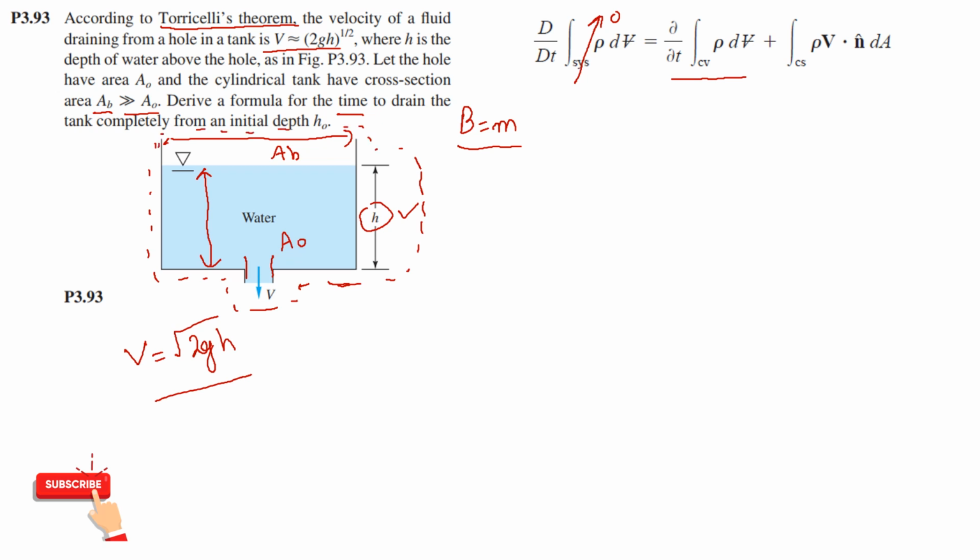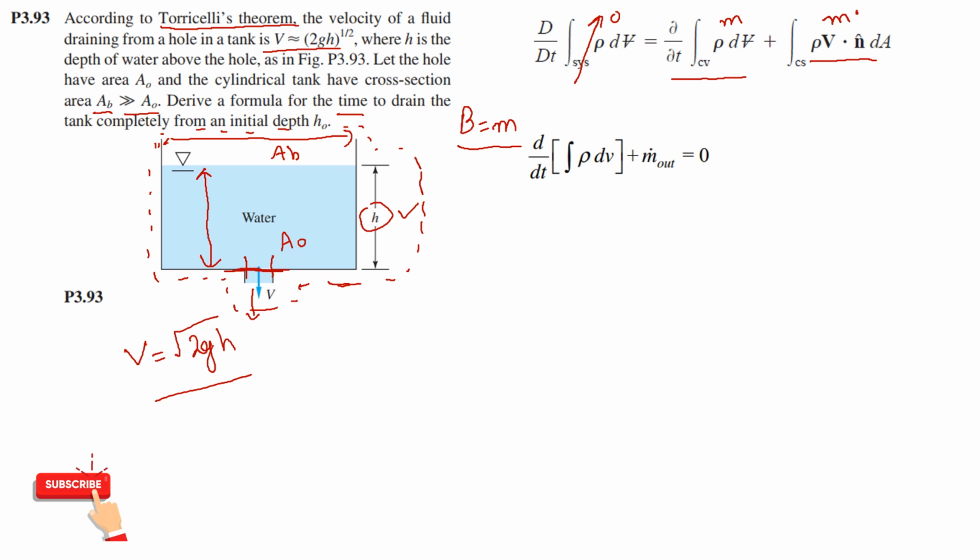So inside the control volume, this mass will change, and at the control surfaces there is only one control surface through which the fluid is going out. So we will have one mass flow rate at this section, the section through which the fluid is going out. Let's look at our equation.